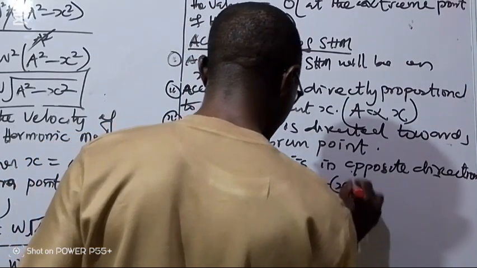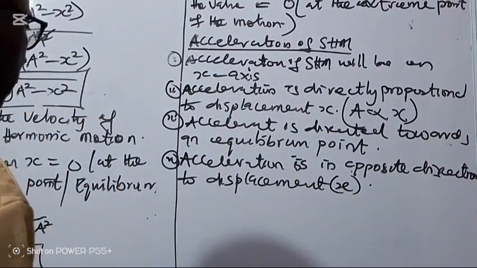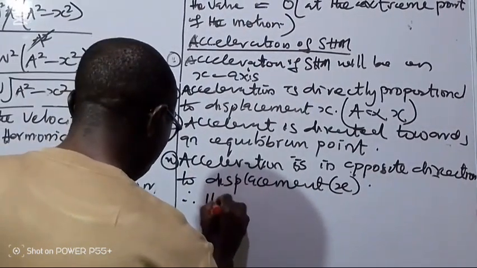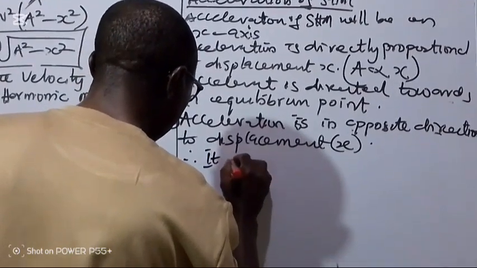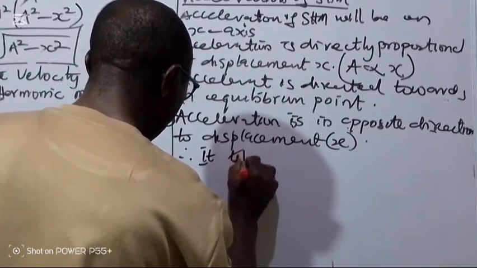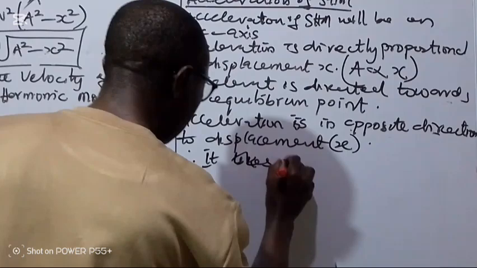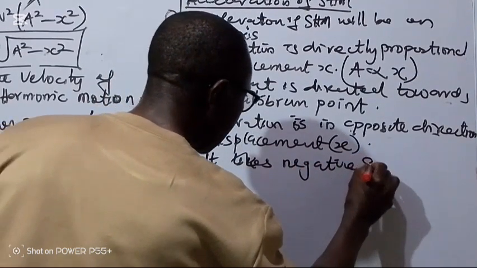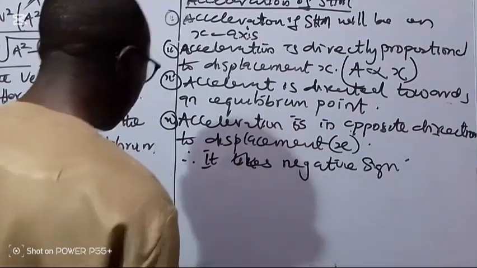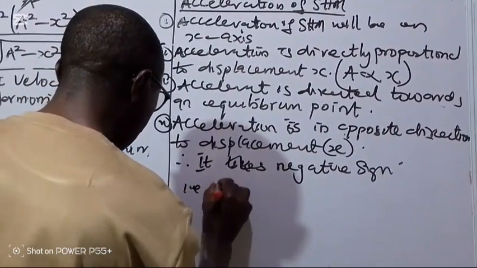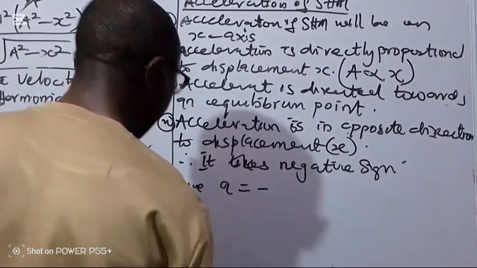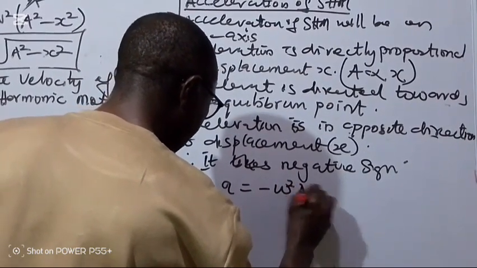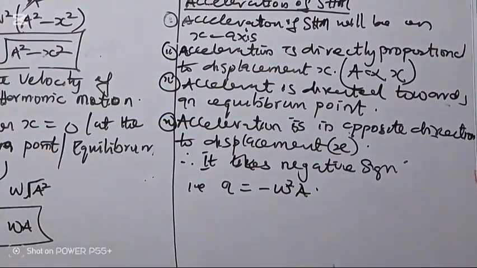Therefore, it takes a negative sign. That is, A will be equal to minus omega square A. That's the magnitude of acceleration of simple harmonic motion.